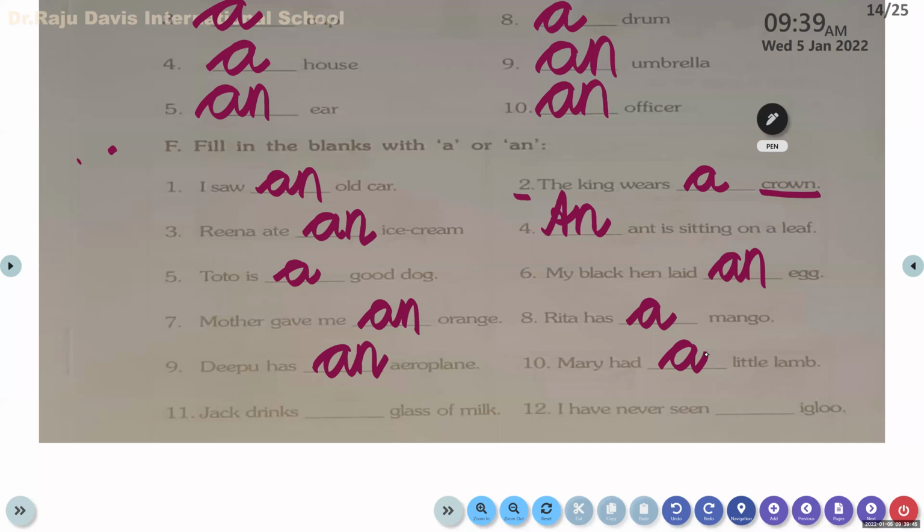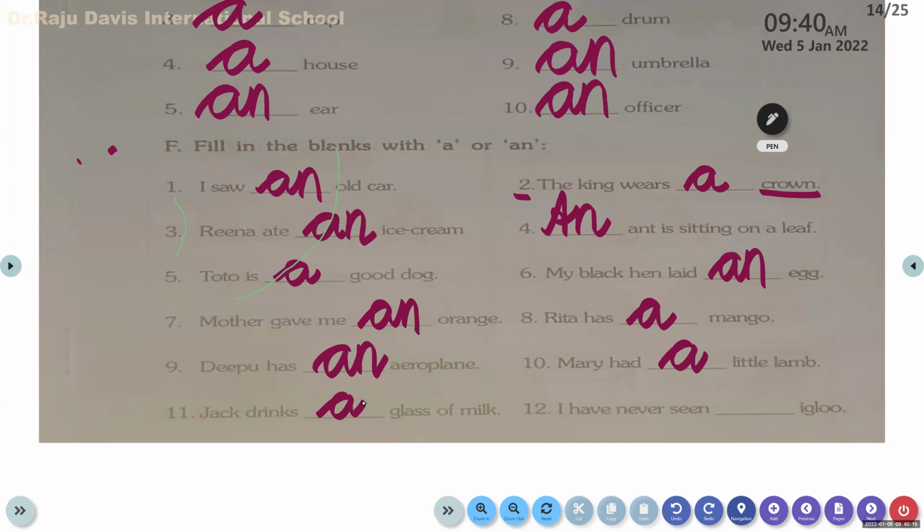Very good. Asia and Aisha, come on, do it. Do the 11th and the 12th question. Do it fast. Others mute. Jack drinks a glass of milk. Okay, very good.